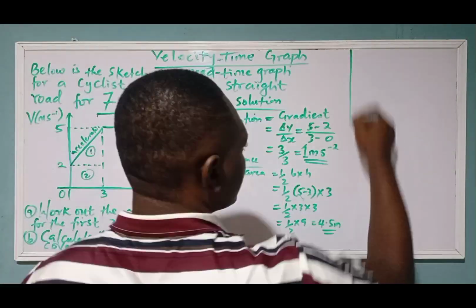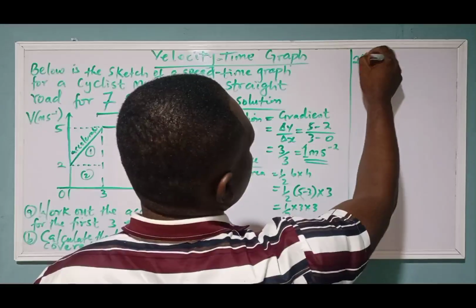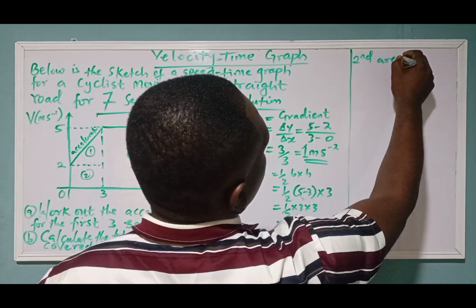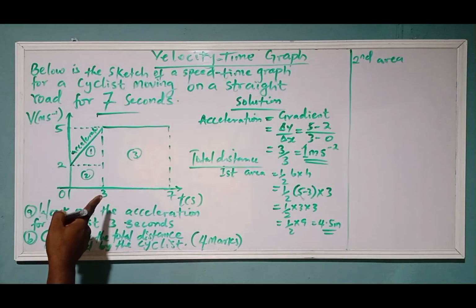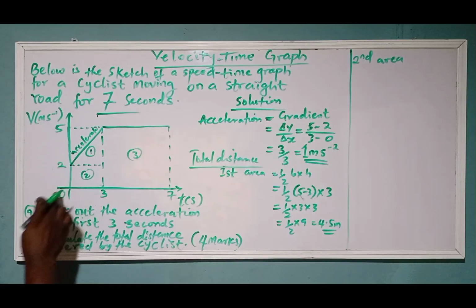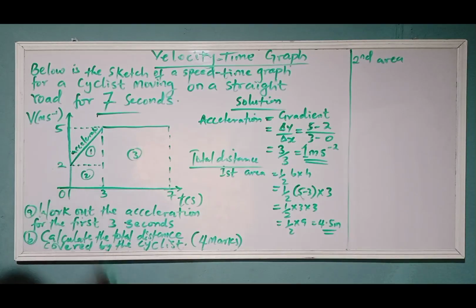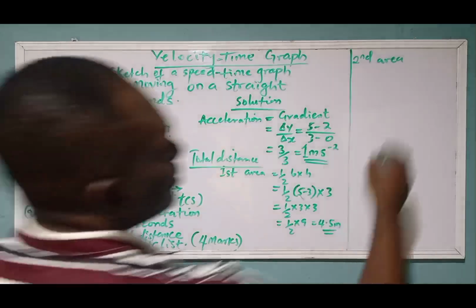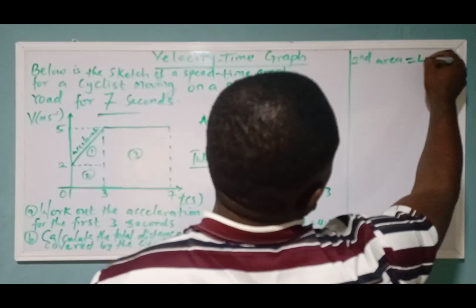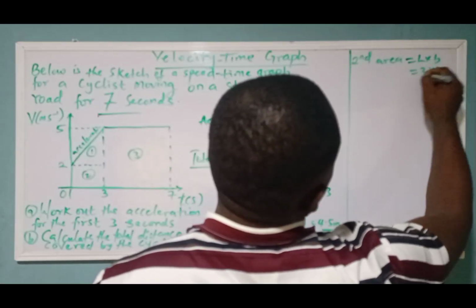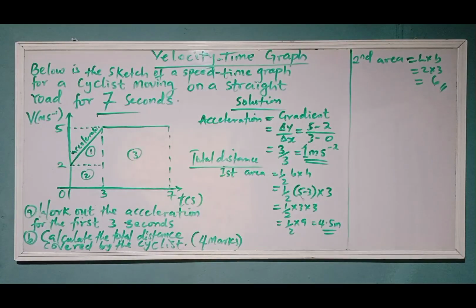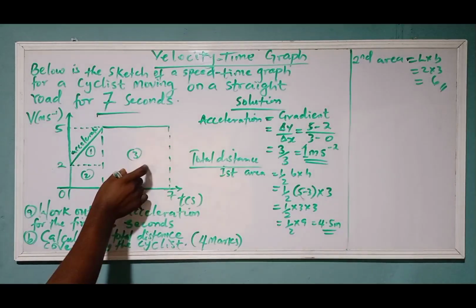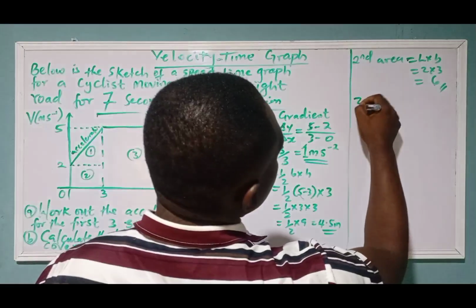Let's go to the second area, which is this rectangle. For the second area, we have just length times breadth. So we have length, which is 2, times breadth, which is 3, which gives you 6. Now let's go to the third area.